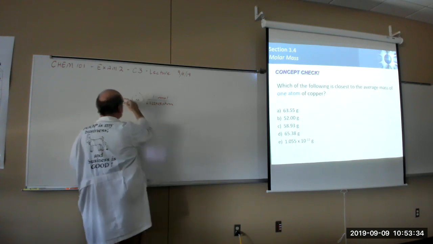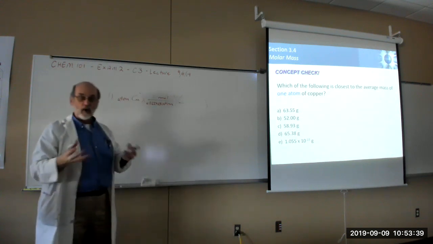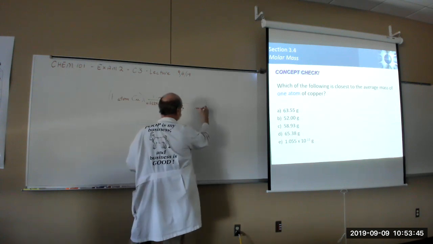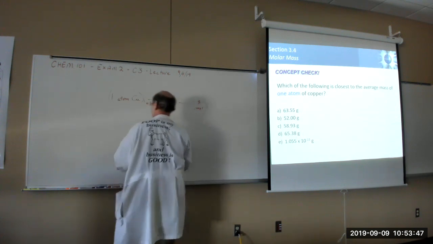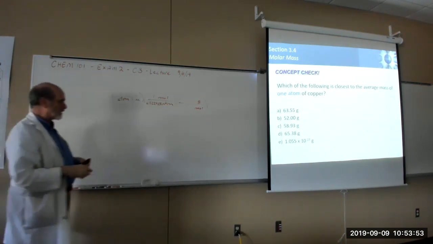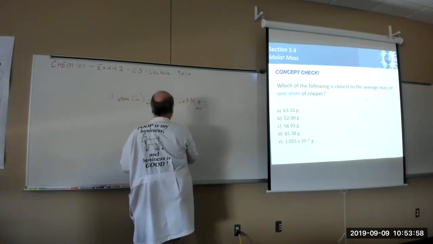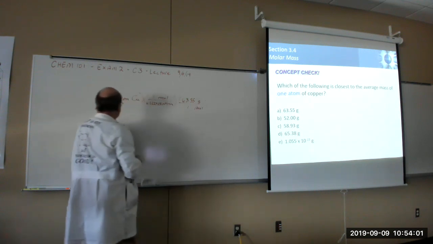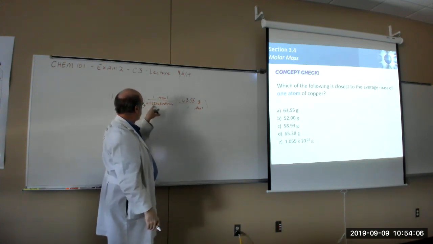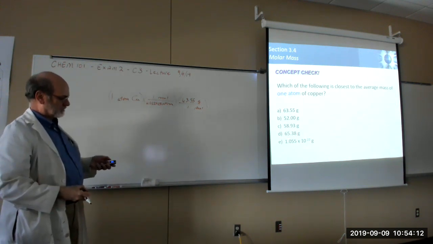Okay, now that we have moles, we can convert to grams because we know the molar mass of copper. And we can convert mole into grams. So we look over here at copper, 63.55, rounded to 2 decimal places. There we go. Now, the rest is just number crunching. 1 times 63.55 divided by 6.02 times 10 to the 23rd. And that's going to come out to this number right here.